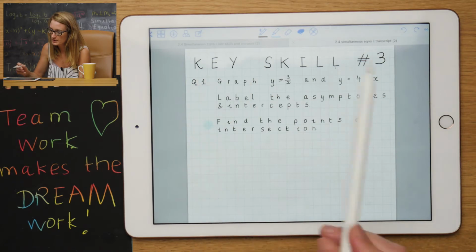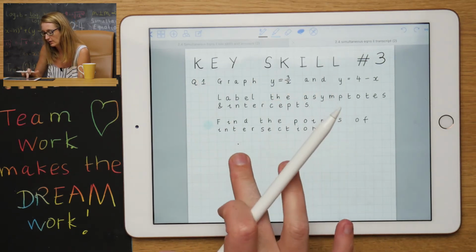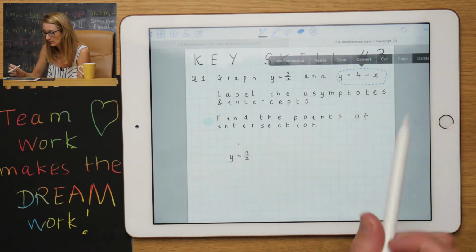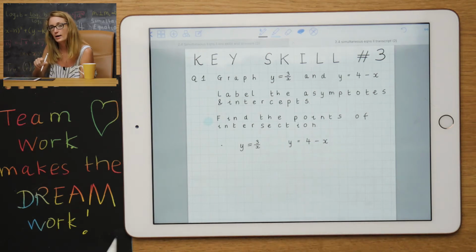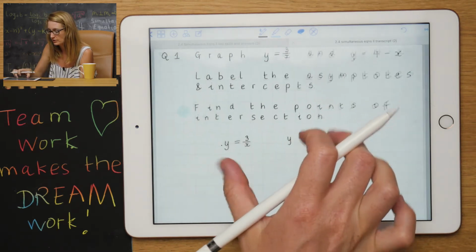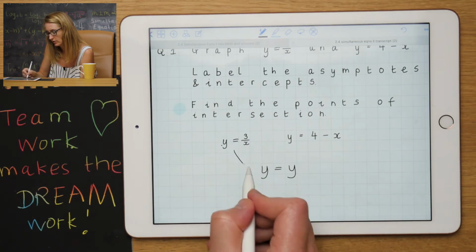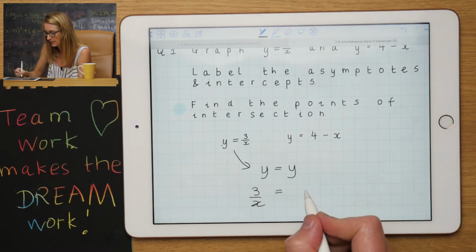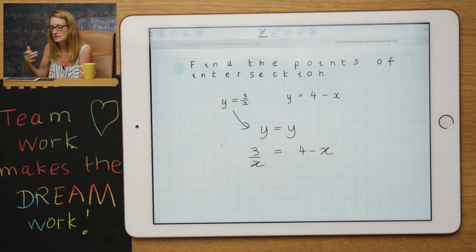What you want to do is take your 2 equations here. There are 2 methods for this: you can either substitute them in, or you can let them equal each other. In this situation, because they're both y equals, it's really easy to say y is the same as y, so this y, 3 over x, must be the same as this y, 4 minus x, at the point in which they intersect.